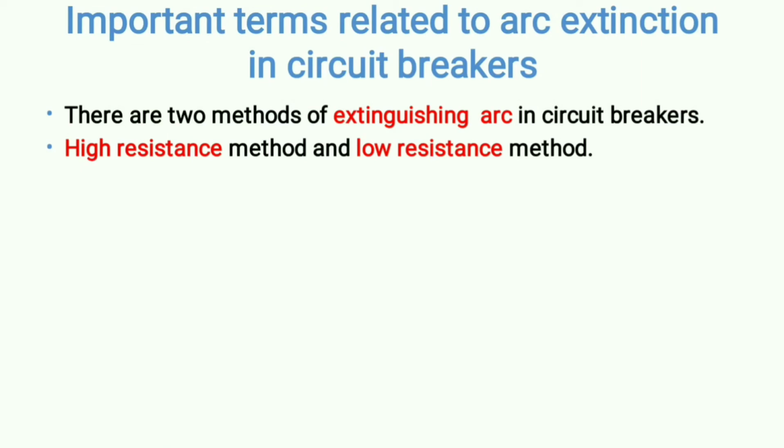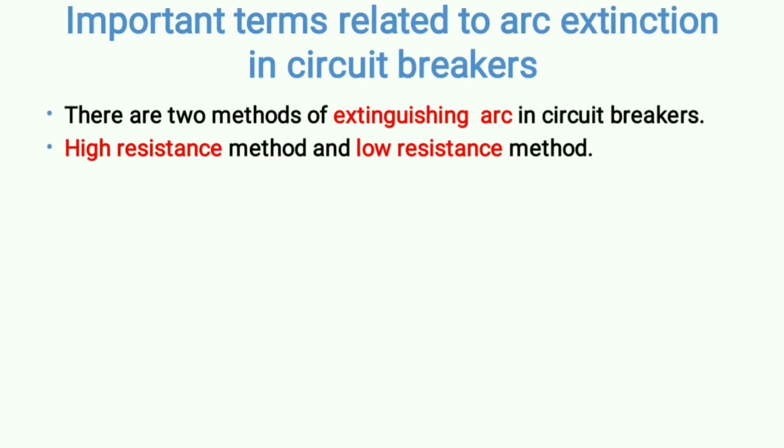In this video lecture, I'm going to discuss important terms related to arc extension in circuit breakers. Before going further, first let's understand the different methods of extinguishing arc. First is called the high resistance method and another is called the low resistance method.